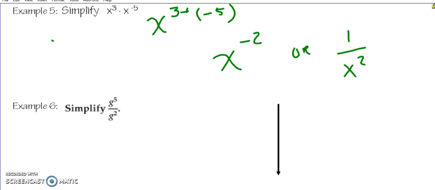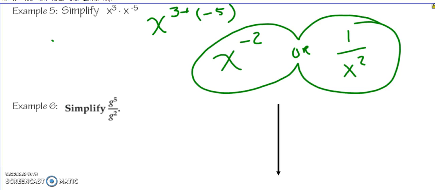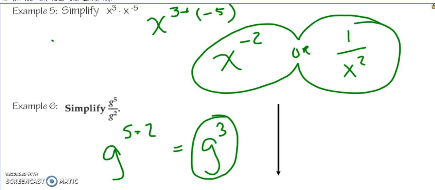Okay, next we've got just a division problem, just like what we had on the last assignment. So we've got g to the 5 minus 2, because in division, again, we subtract. So we've got g to the 3rd power. But what if we had those denominators and numerators switched around, or something negative in them?